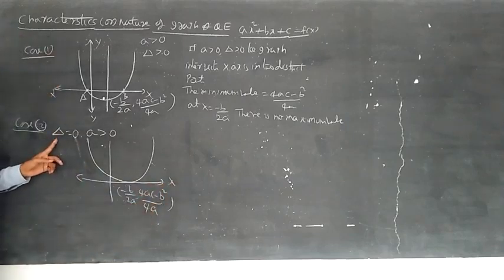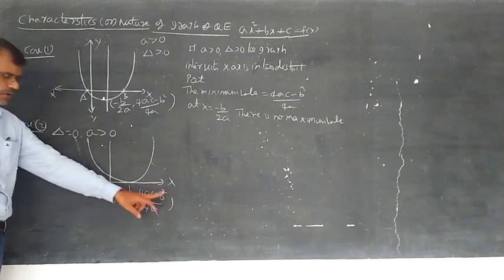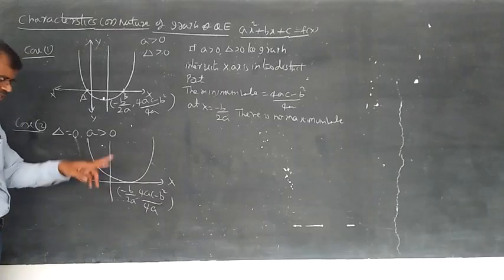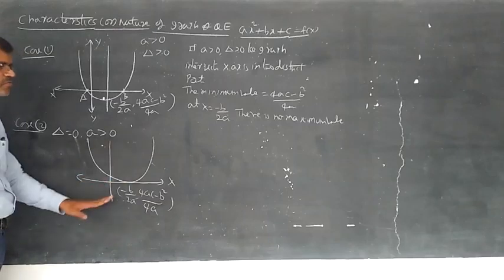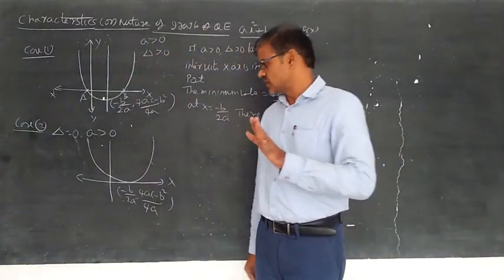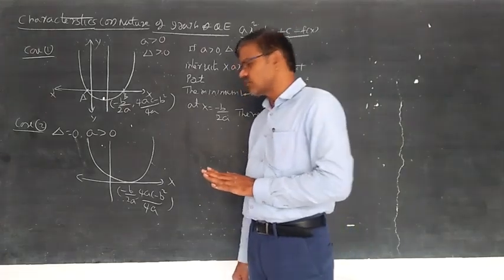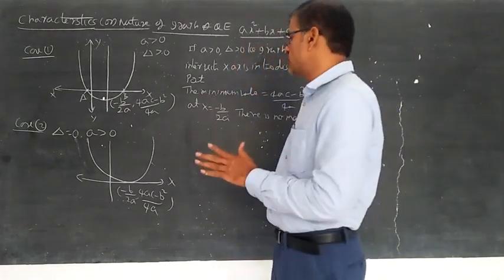Whenever delta is equal to 0, we know that b square minus 4ac is equal to 0. Automatically 4ac minus b square by 4a is equal to 0. But sir, why did you write this? Simply to show that this is the minimum value of the curve at x equal to minus b by 2a.